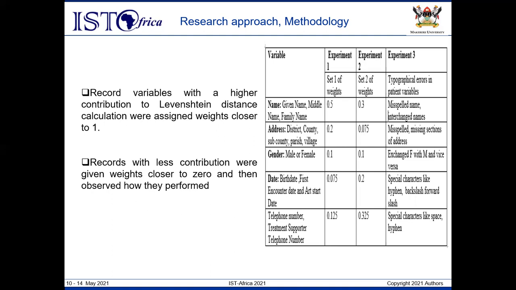So we consider the interchanged names, the special characters like hyphens, backslash, and forward slash in the birth date and phone numbers.